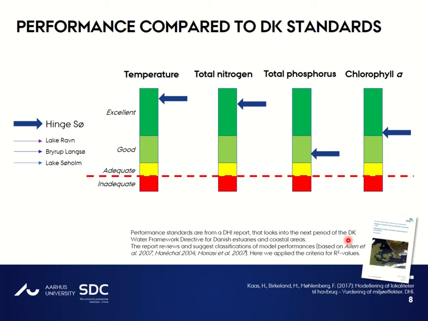All model performance for temperature, total nitrogen, total phosphorus, and chlorophyll A are excellent to good within this framework, and they're also very much comparable, or actually for some parameters better, than other aquatic model studies.